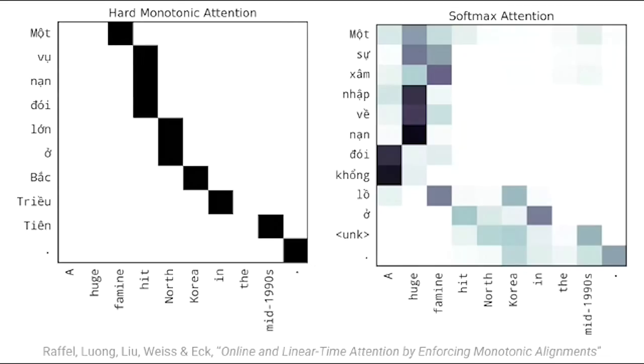And what the monotonic attention model does is it just waits to attend until the word hit. And then the encoder has seen all of the words a huge famine hit and has probably, or hopefully, effectively summarized those words in its state at the word hit. So this allows the decoder to have access to the entire region of the input sequence, which requires reordering, by simply waiting and attending to the encoder state at the end of it.